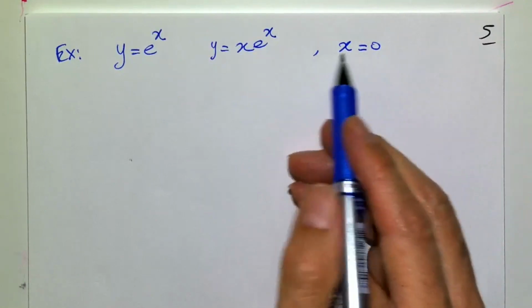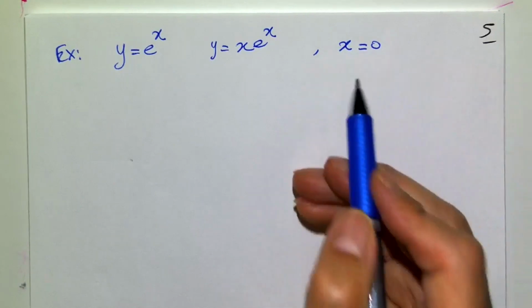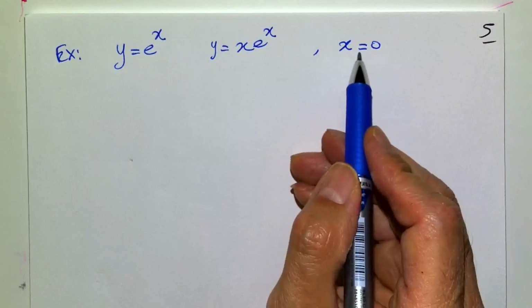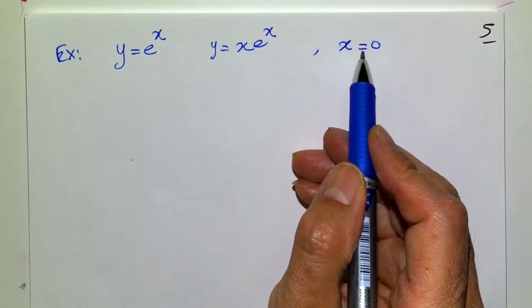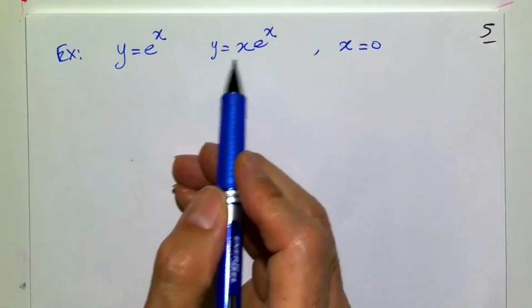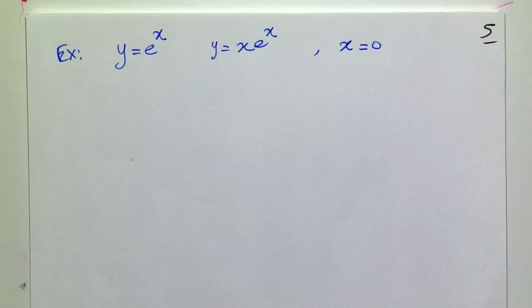This is just an indication that we want to stay on the positive side of the x-axis. We'll start from x equals 0, but of course we can't stop there because otherwise the area would be 0. So we should have some point of intersection between these two curves. Let's draw the curves.